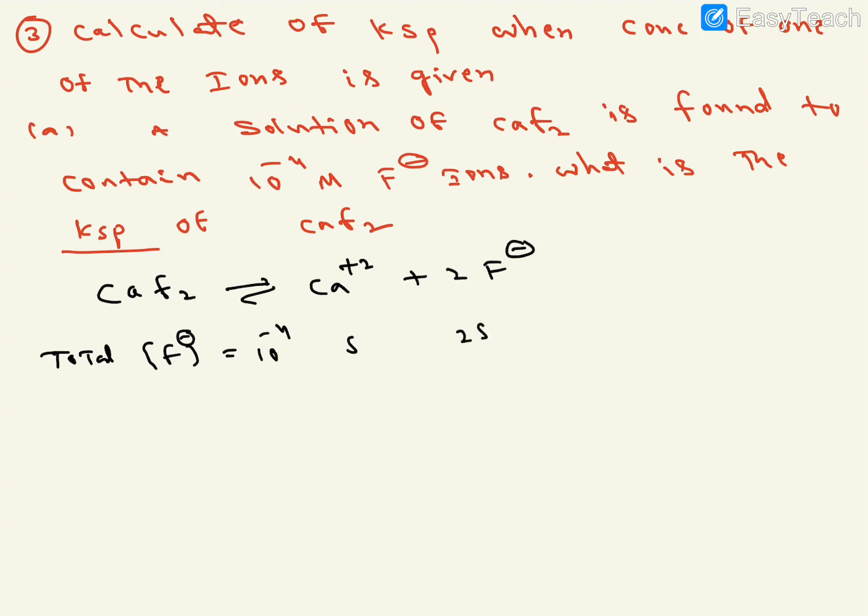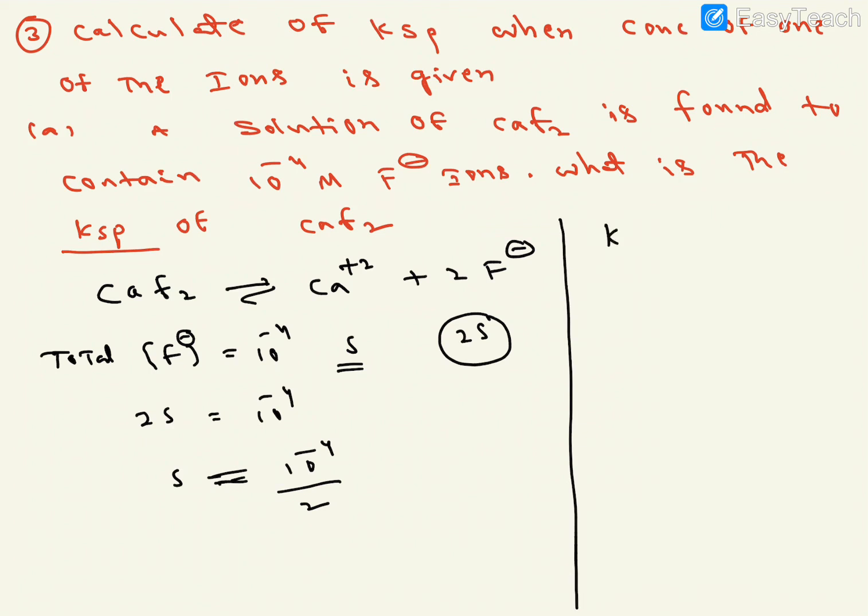Generally, the solubility is S for calcium and 2S for fluoride. So 2S is equal to 10 to the power of minus 4. What is the S concentration? S is equal to 10 to the power of minus 4 divided by 2, because there is only one calcium. I hope it is clear.